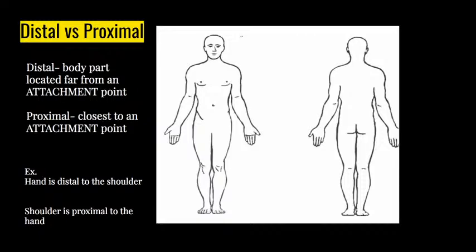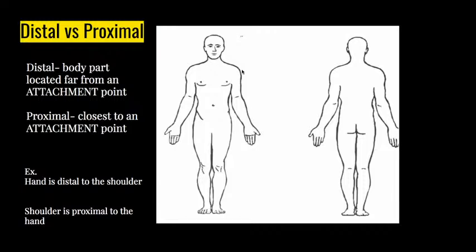Next we have the terms distal and proximal. Distal specifically means any part located far from an attachment point, attachment point meaning joints and such. For example, the hand is distal to the shoulder. If you look at the figure, you can see that the hand is farther away from the attachment point of the shoulder.